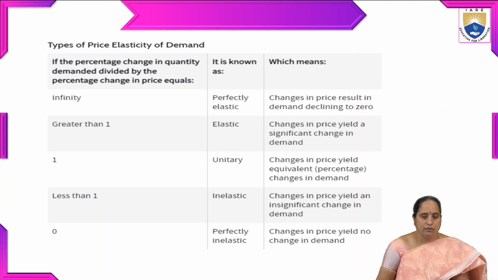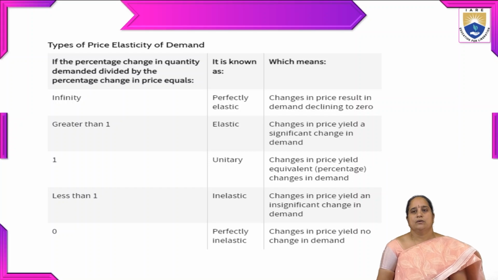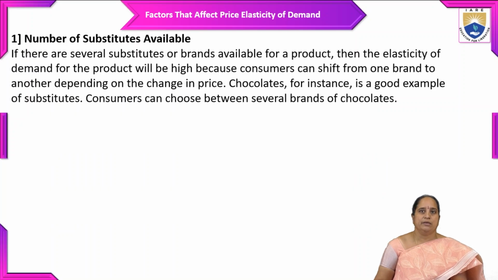Less than 1 is inelastic: changes in price yield an insignificant change in demand. Then 0 means perfectly inelastic: changes in price yield no change in demand. Whatever the change in price, it does not have any impact on the quantity demanded.